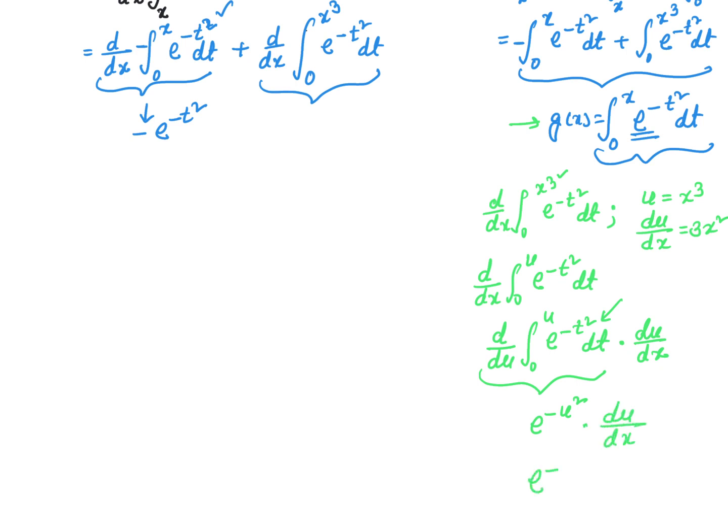But my u was x cubed, so u squared is x to the power 6, and du over dx is 3x squared. So this is going to be plus this guy, 3x squared e to the power negative x to the power 6.